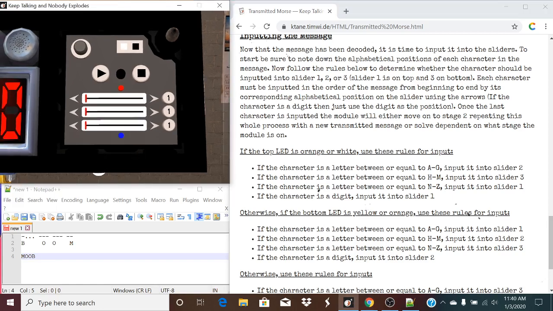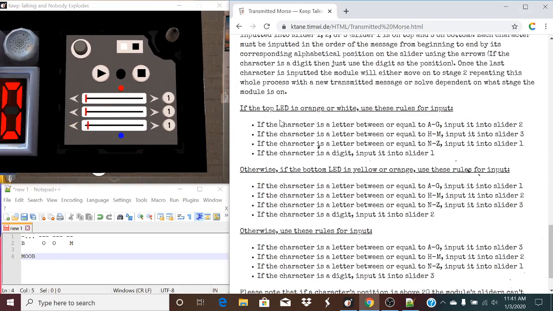Hotel is equal to its alphabetic position. So Hotel is actually 8 on slider 3, and that's where the range starts. It doesn't start at 1, it starts at 8 because of its alphabetic position. So just an important thing to know.